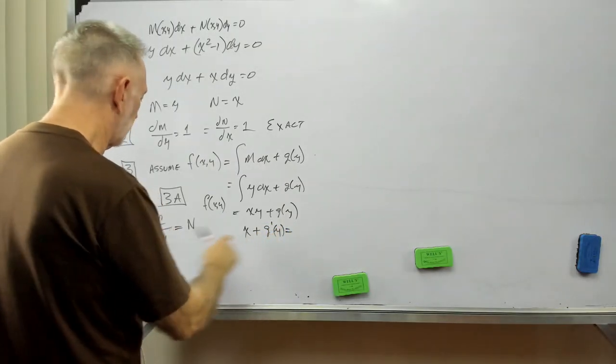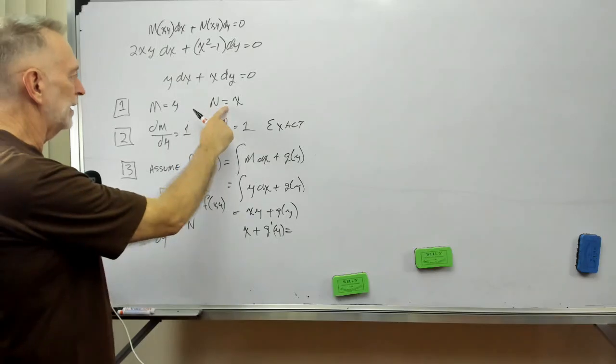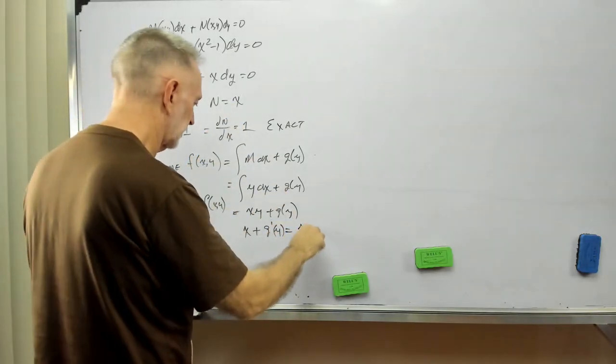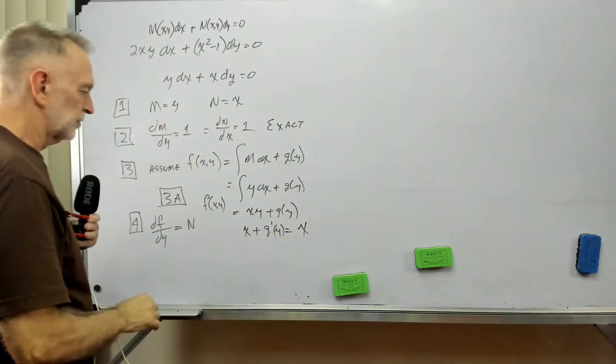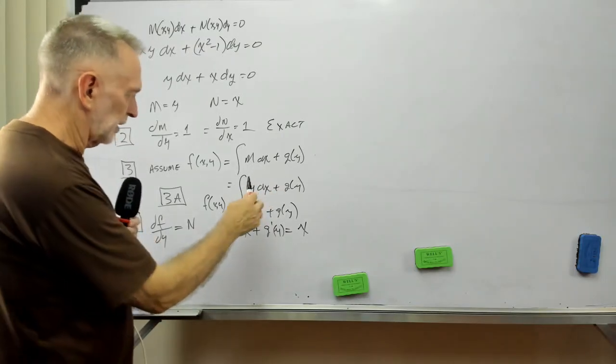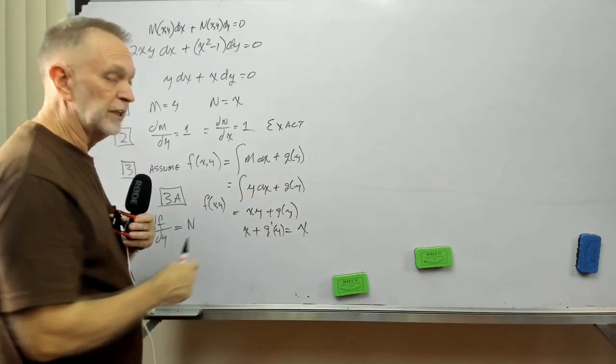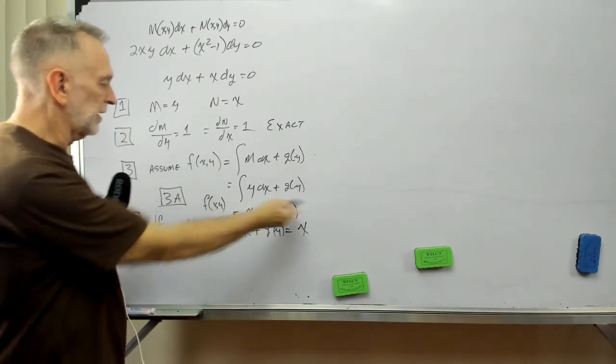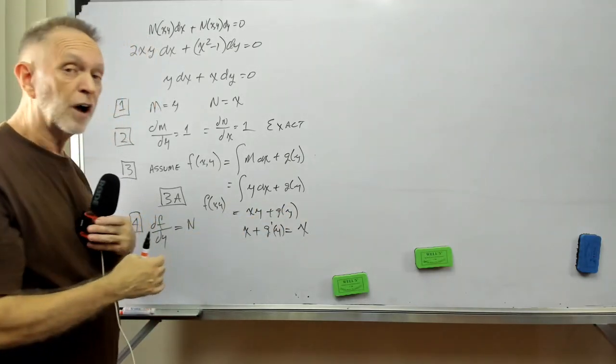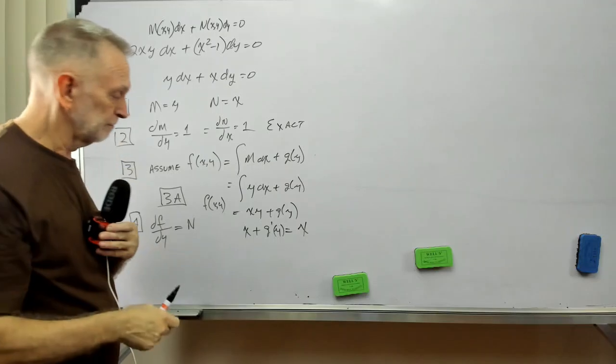And that equals what? Equals N, and N was x. So now I'm trying to ultimately, back to equation 3a, figure out what g of y is.